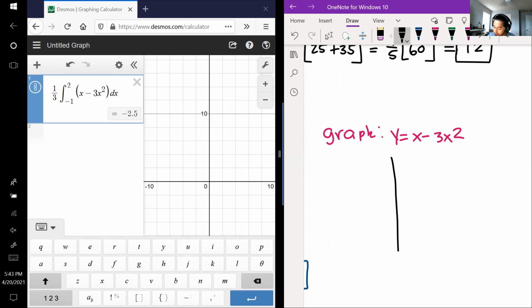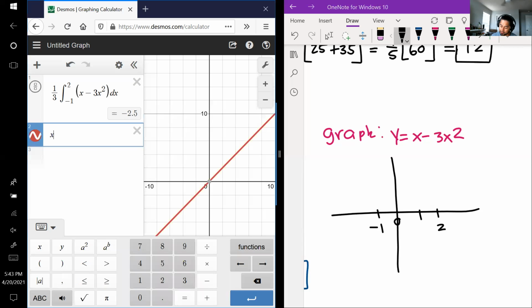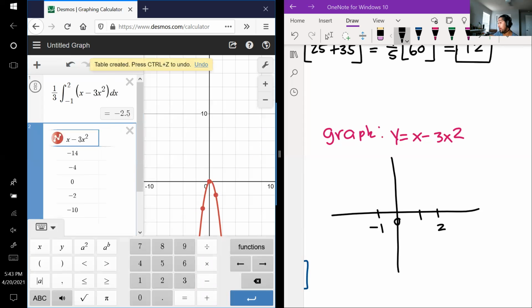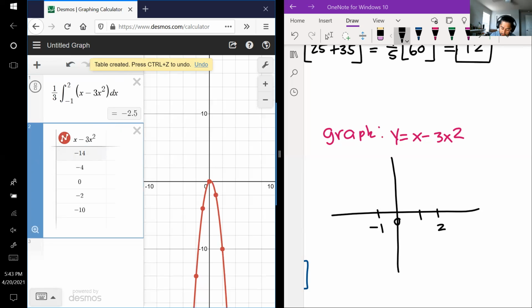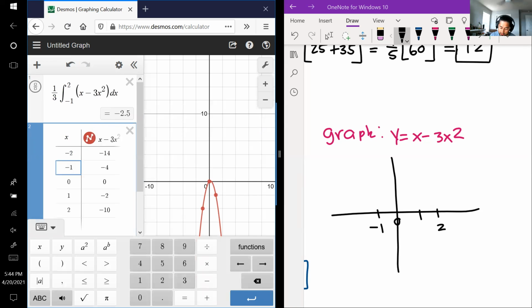So when I draw my graph, here's -1, there's 0, there's 1, and there's 2. And now, again, I'll use Desmos to find those y values, x minus 3x squared, use that table feature, and type in the x values, -1 to 2. Okay. There we go. All right, -1's there already. Hey, they're all there. -1, 0, 1, 2. So we get -4, 0, -2, -10.